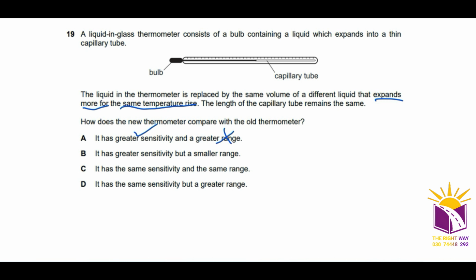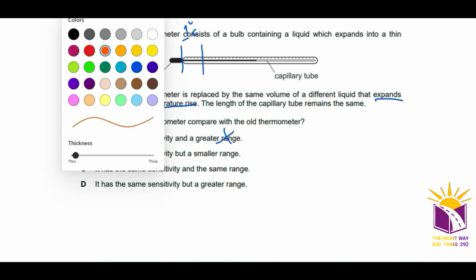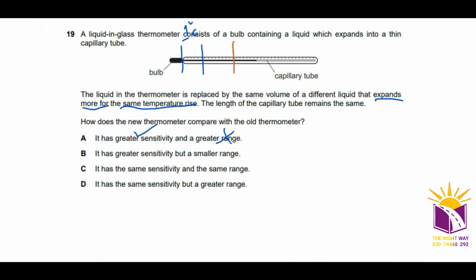It is greater sensitive, but it does not have the greater range because, for example, for 1 degree centigrade, our previous liquid expand till here, and for 1 degree, our second liquid which expand more will be from here to here.